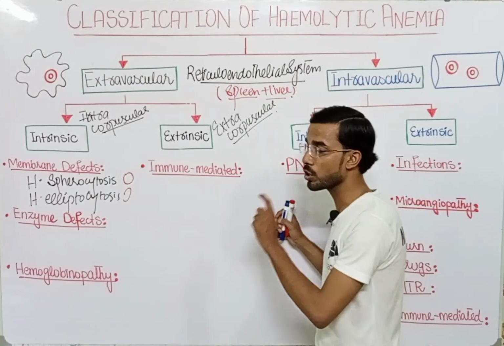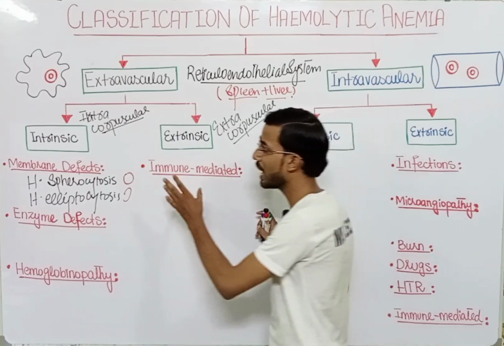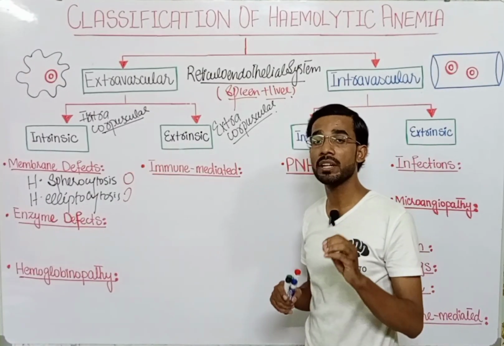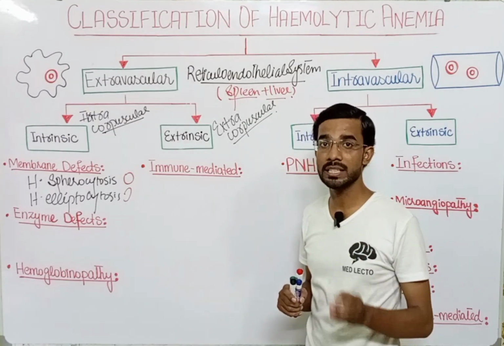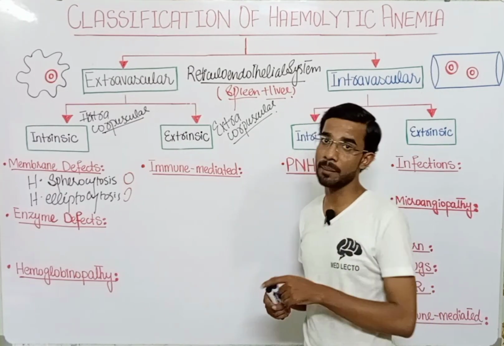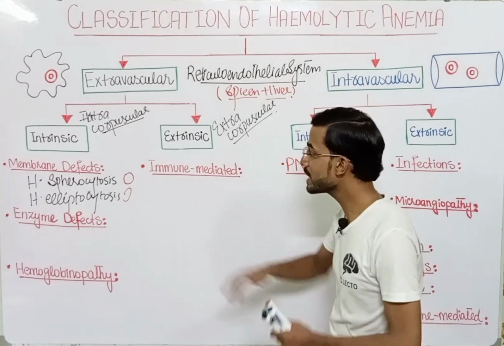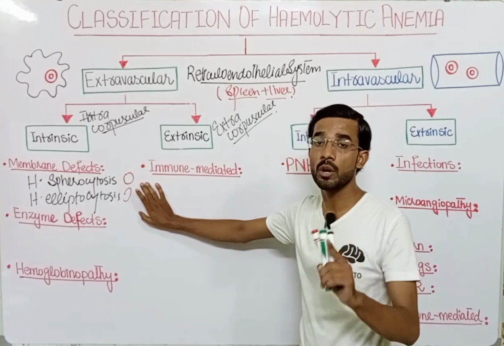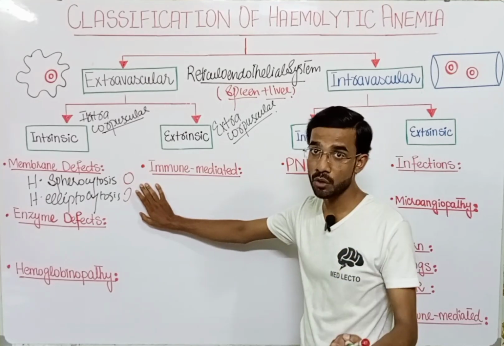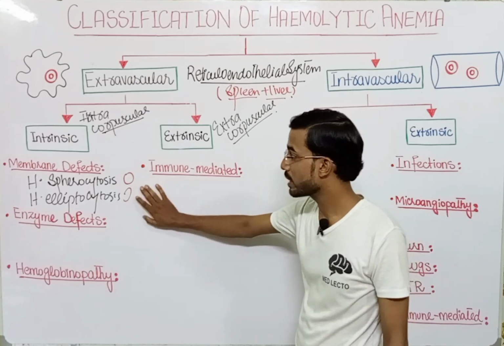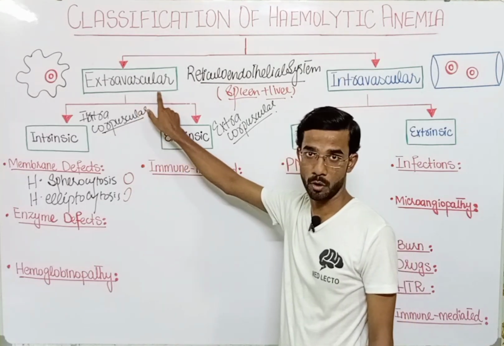Whenever our body detects abnormal RBCs, it prefers to destroy them. These abnormal RBCs are destroyed by the reticuloendothelial system, or macrophages, present in the spleen and liver.